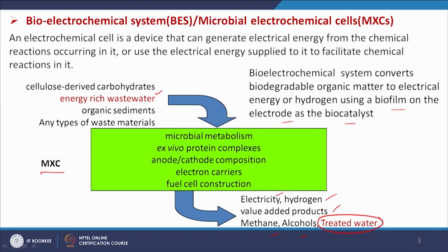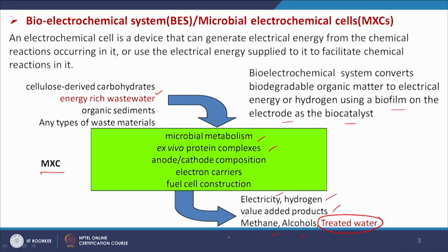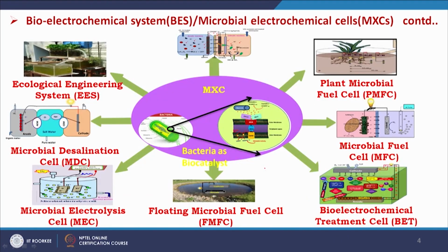We can use different types of living species like microbes, bacteria, plants, etc. And microbial metabolism, ex vivo protein complexes, anode composition, electron carriers and fuel cell construction will influence the performance of the process. As I mentioned, we will be focusing basically on two, MEC and MFC.